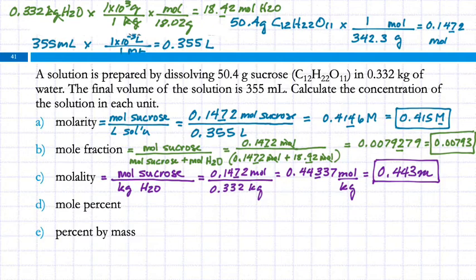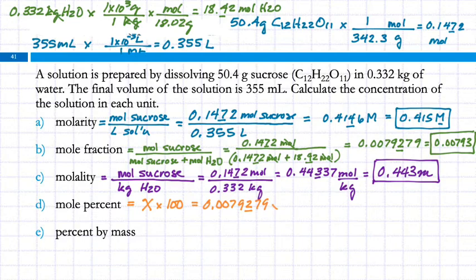Okay, mole percent. What's the mole percent defined as? Mole fraction times 100, right? So the mole fraction times 100. Well, we already figured out the mole fraction, right? 0.0079279.